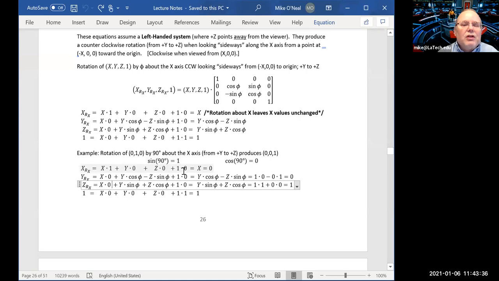Or 0 times 0 is 0, plus 1 times 0 is 0. So that's why the x comes out as 0 here. Taking this and plugging it into this equation will also give you 0. Plugging in the 0, 1, 0 for x, y, and z will end up giving you a 1 here.